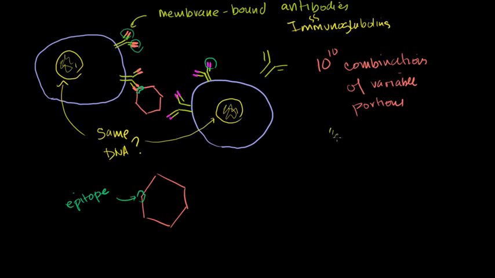So we could say self-responding combinations are weeded out. So there actually aren't 10 billion combinations of these, something smaller than that. You have to take out all the combinations that would have bound to your own cells. But there's still a super huge number of combinations that are very likely to bond at least to some part of some pathogen, some virus or some bacteria.